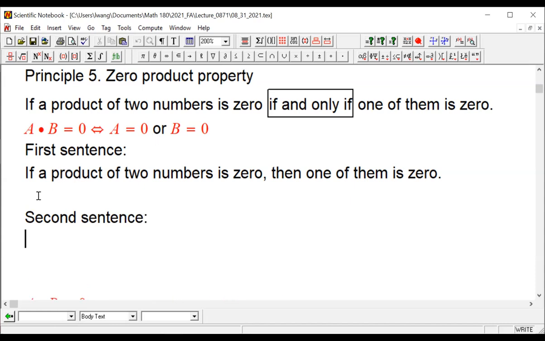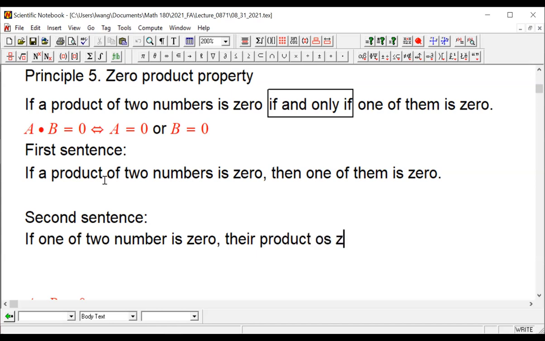It implies, if one of two numbers is 0, their product is 0.